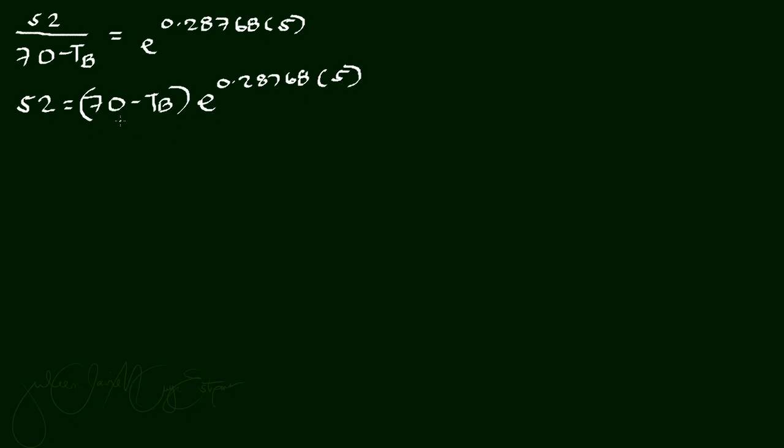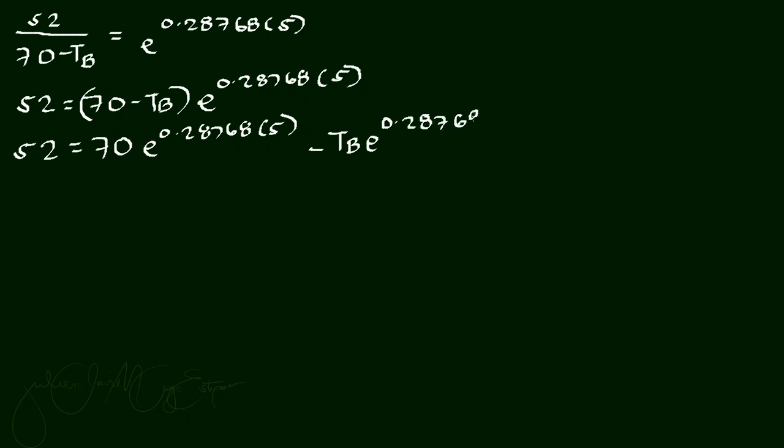Okay, so we're going to simplify that. That will become 70 times e raised to 0.28768 times 5, that is minus TB e raised to 0.28768 times 5.